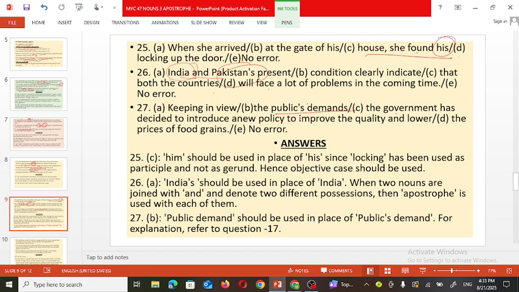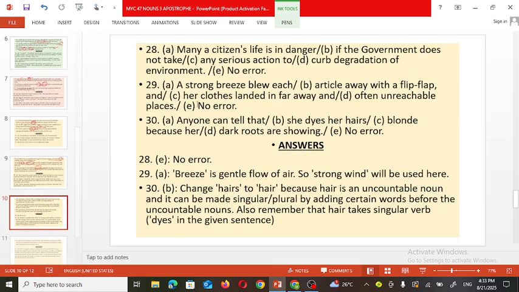Public demand should be used in place of public's demand. We have already discussed public is a plural noun and already having the hissing sound of s. So there is no need to use that apostrophe here. Next one.